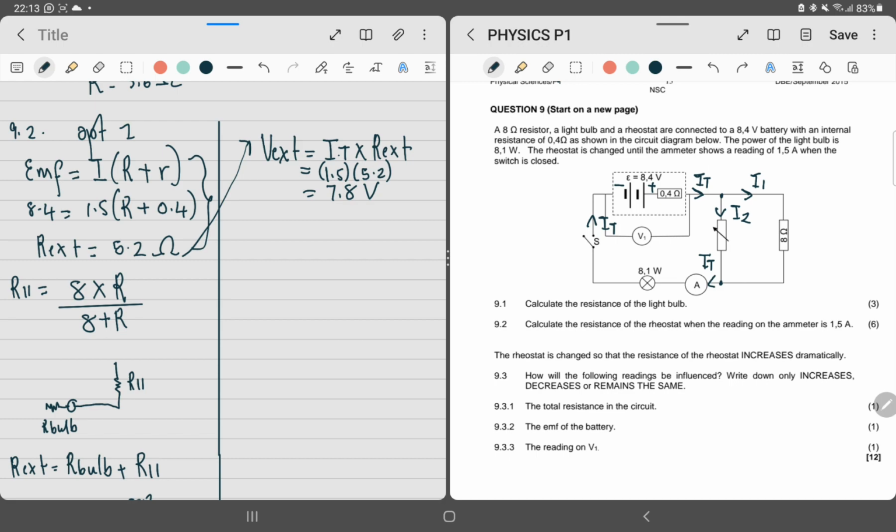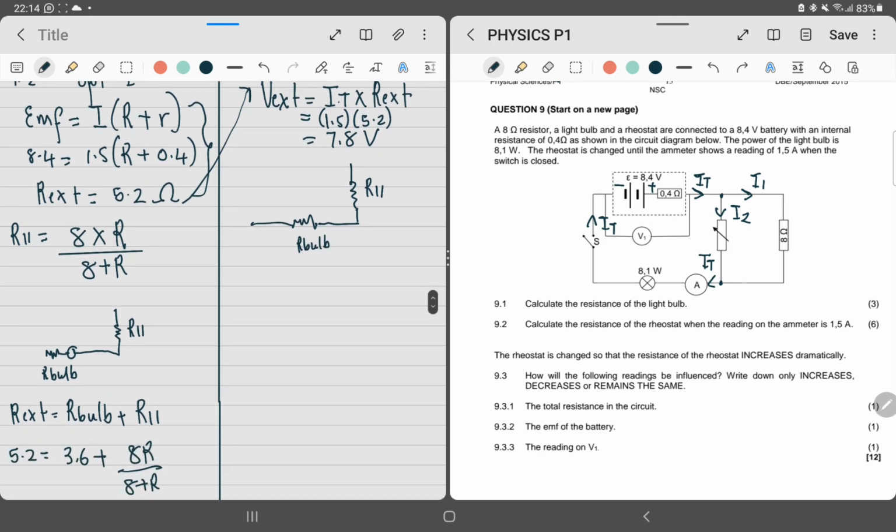And then the parallel combination will have the same potential difference but different currents. Let's try and calculate the potential difference. So our circuit will look like this now. So we will have R parallel, and then we'll have R of bulb. And then we know what V external is.